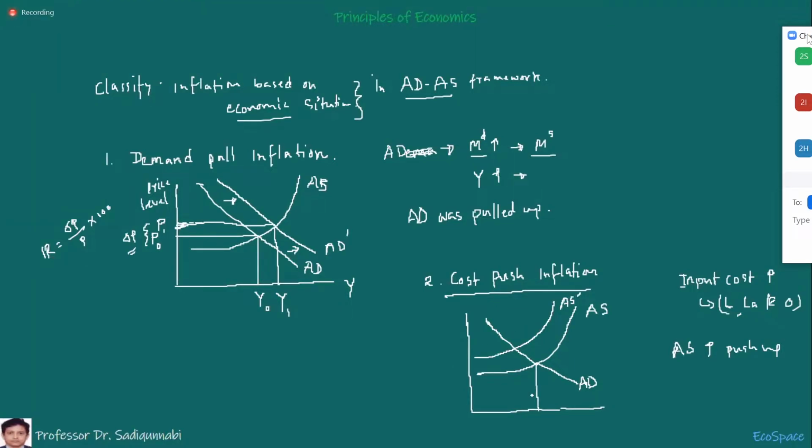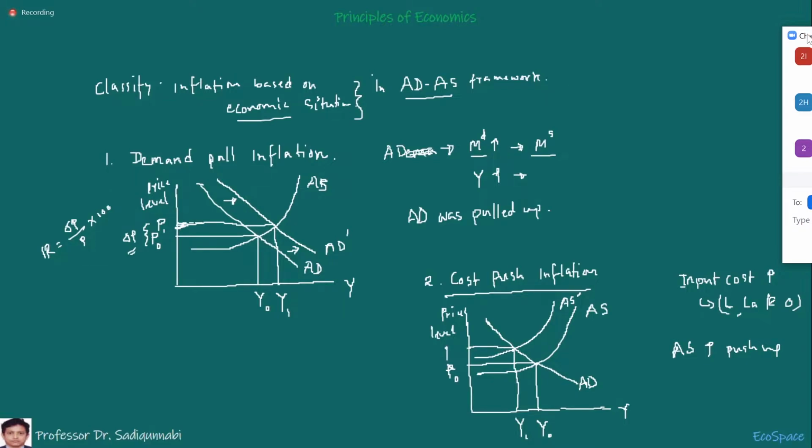Before it was, let me give some legend for that. It is price level, and this is Y, national income, and this is Y0, and this is P0. And now you see that Y1 is here, and there is a change in price.